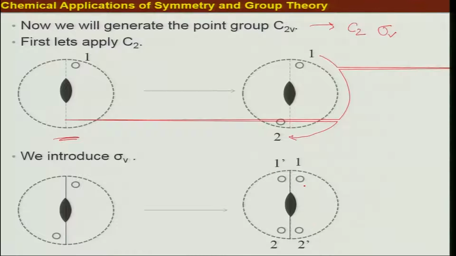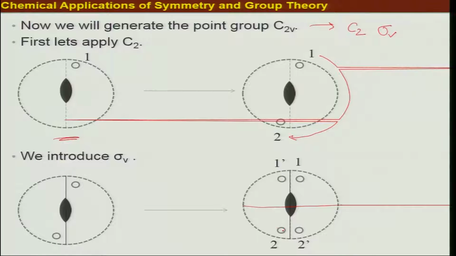Now you see I am marking here also that this point was 1 and this point was 2. Now this 1 prime and 2 prime have been generated by reflecting the points 1 and 2 through this plane, which is our sigma v. Now you see that 1 prime can be formed through a reflection of the point 2 on a plane which is here.